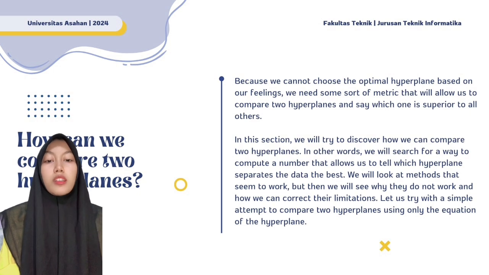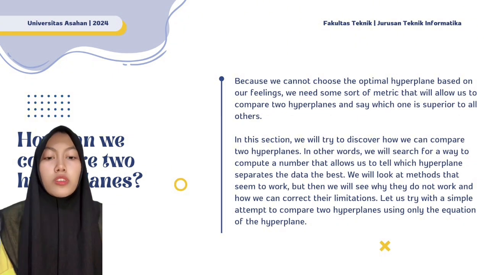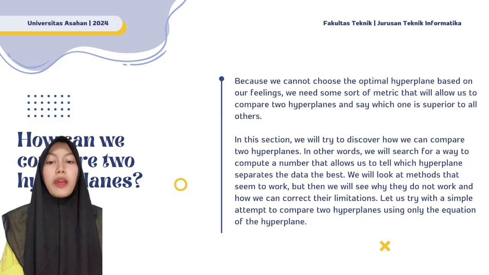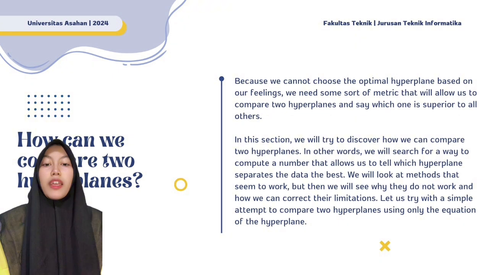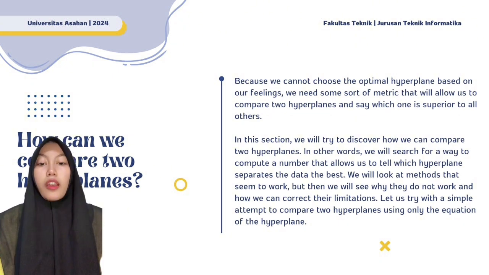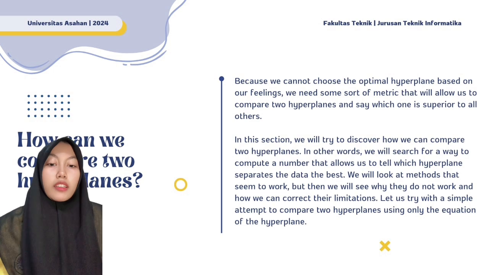In other words, we will search for a way to compute a number that allows you to tell which hyperplane separates the data the best. We will look at methods that seem to work, but then we will see why they do not work and how we can correct their limitations.